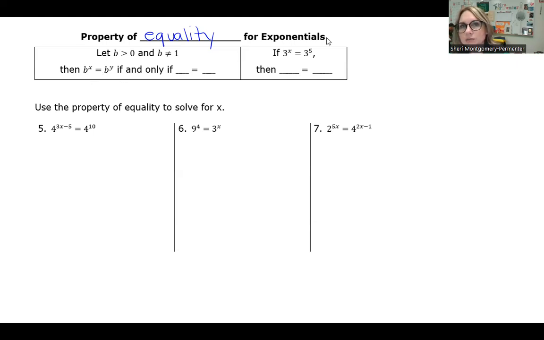So this is an exponential. We know it's an exponential because when you have exponentials, the variable is up as an exponent. So it says, let B to the X equal B to the Y. And this is true if and only if. So what is the only way that this side can be equal to this side? If the bases are the same, then what do we know about these exponents?